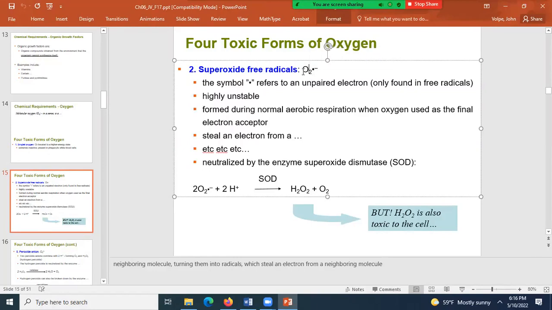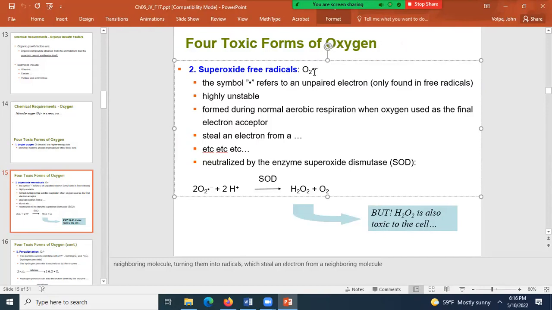That gives oxygen here a negative charge, because oxygen gas is neutral, and if you add an extra electron to it, the oxygen gas will now have a negative charge, and this will be a free radical. Free radicals are bad for cells because generally speaking, whatever a free radical will bump into, it will steal an electron and then damage what it bumped into.